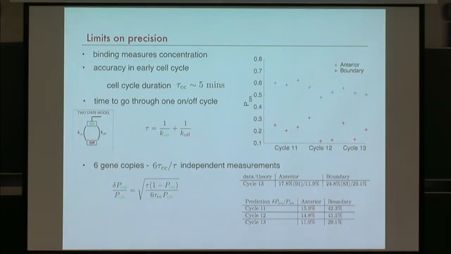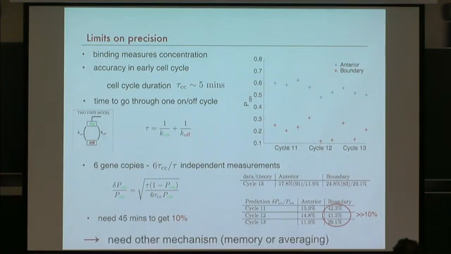You see that the precision increases with cell cycle, both in the anterior and in the boundary, but remains too low in the boundary. So we have this more than 10%, and if we wanted to get 10% from all of this, we would need to average for 45 minutes. So we would need a cell cycle that lasts 45 minutes, which we don't have.